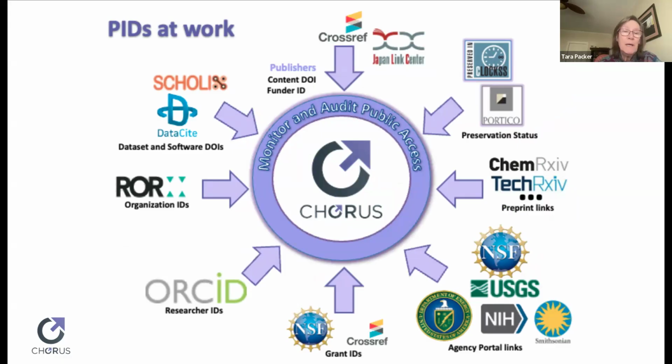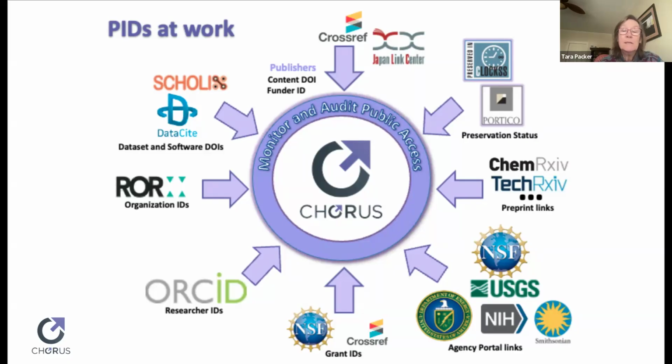Our primary PID is around funders, and has been the funder ID and the funder name, that combination, so that way we can have both metadata attributes to verify, as Martyn touched on, and I'll touch on as well. There are a lot of, I don't want to say errors, but a lot of issues around funding metadata.